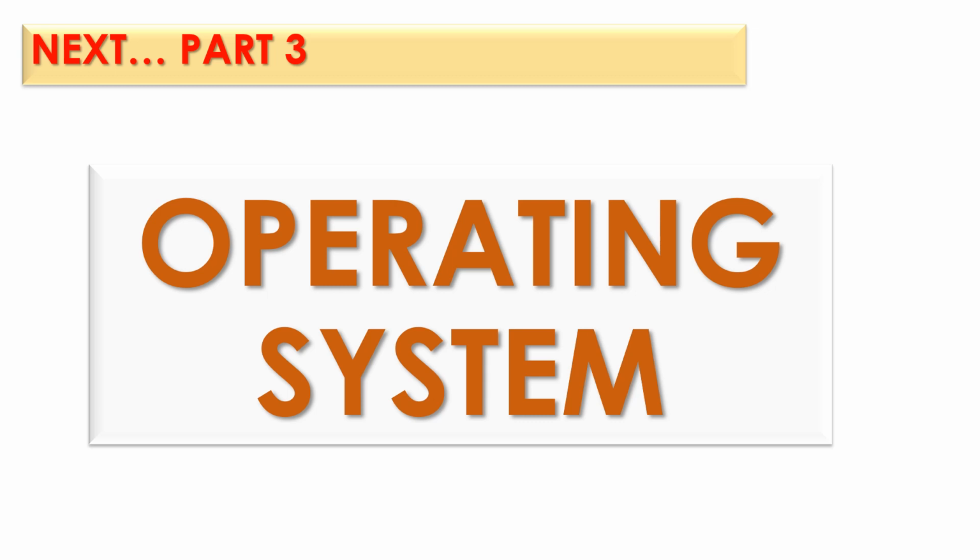Now, thus far, we have come to the end of part 2 of this topic, operating system. Remember, it's topic number 6 that we are looking at. Now we are remaining with part 3.